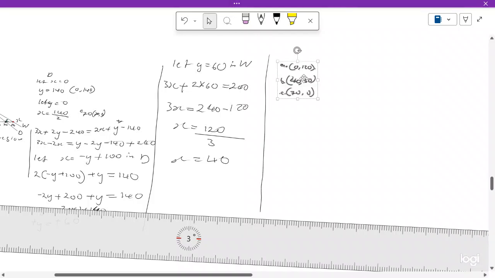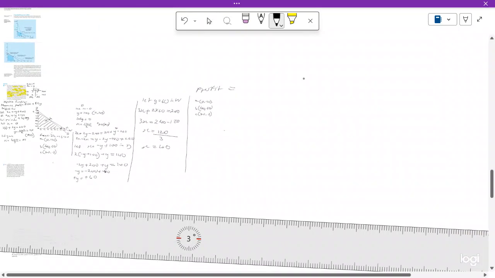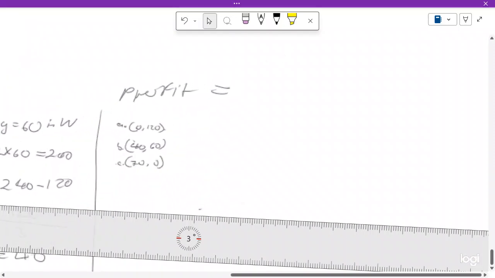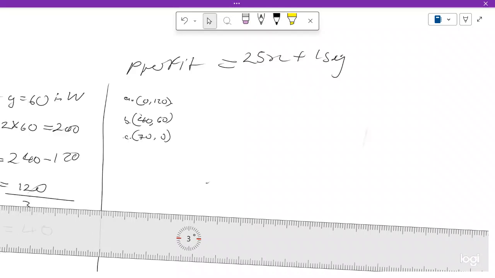So now you need to say profit is equals to 25x plus 15y, like this again.